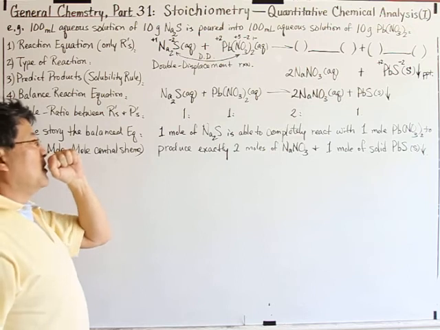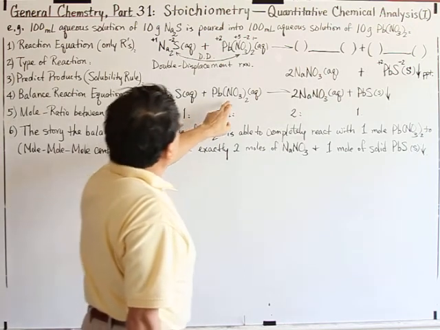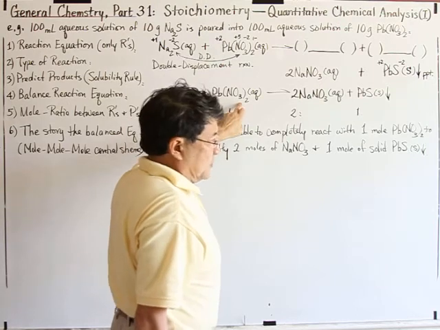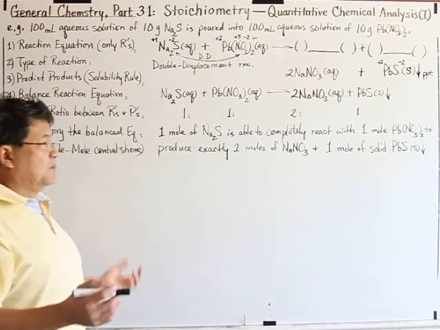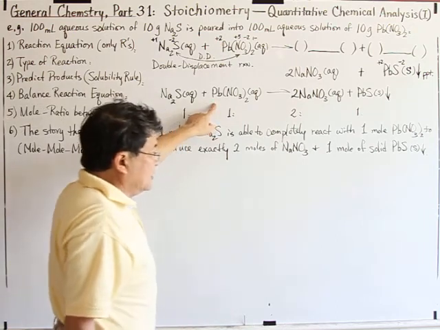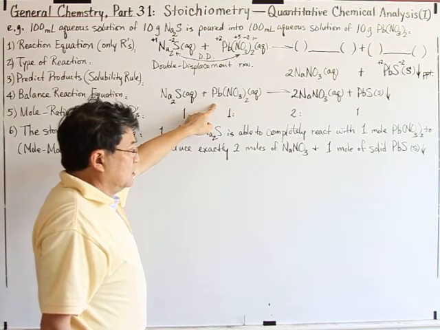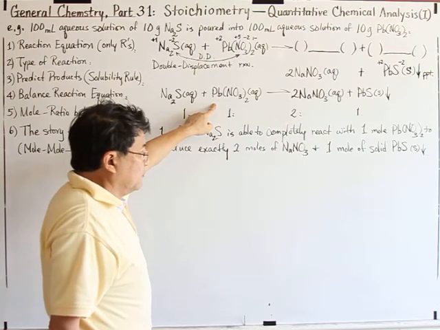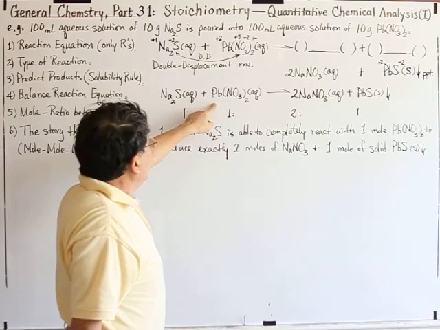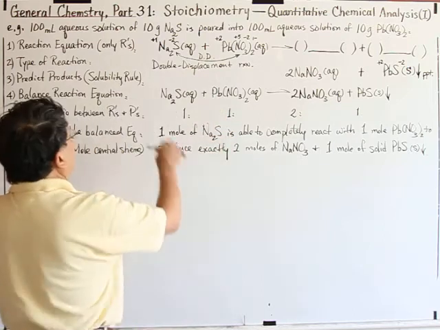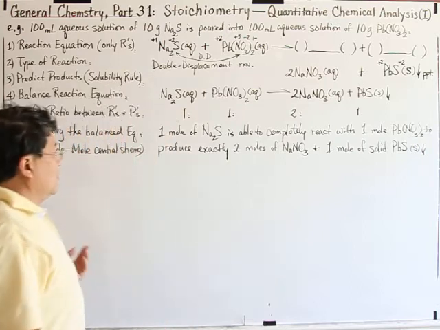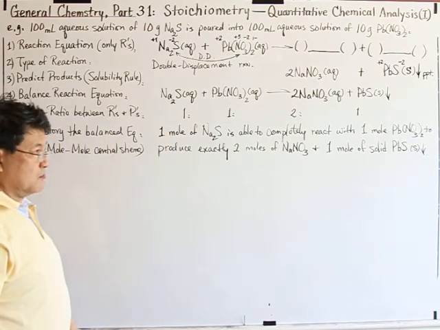Nitrate is 62, times 2 is 124, plus 207 is 331. So 331 grams of lead nitrate.